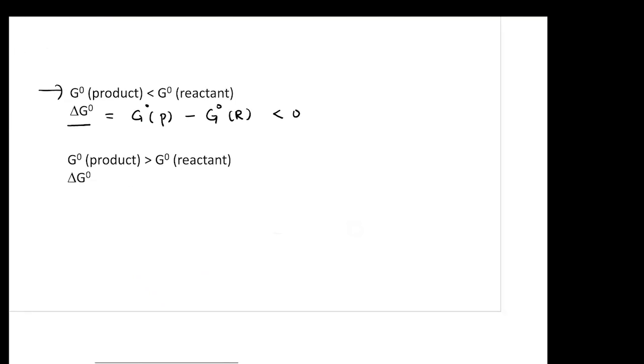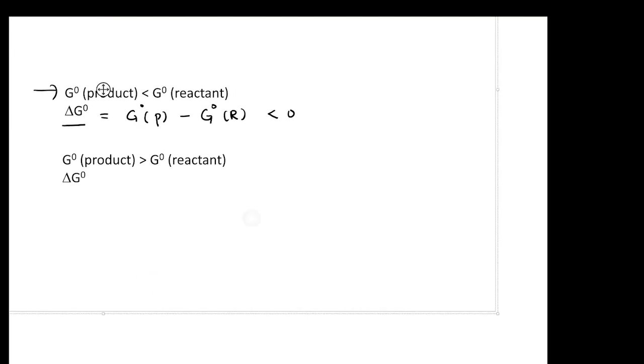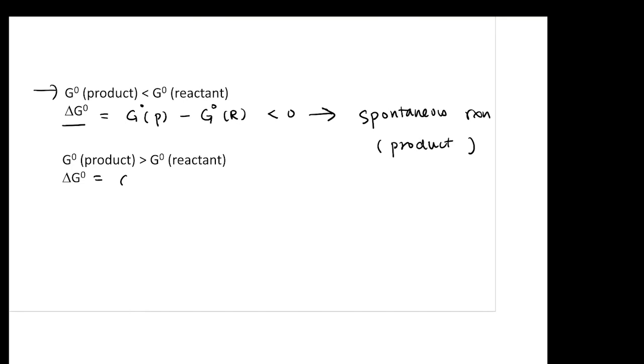If delta G naught is going to become negative, that is the time you are going to have a spontaneous reaction. You expect that to happen. That means you are going to have more product form. On the other hand, if your G naught of product is larger than the G naught of your reactant, your delta G naught, again your G naught of product minus your G naught of reactant, will be positive.